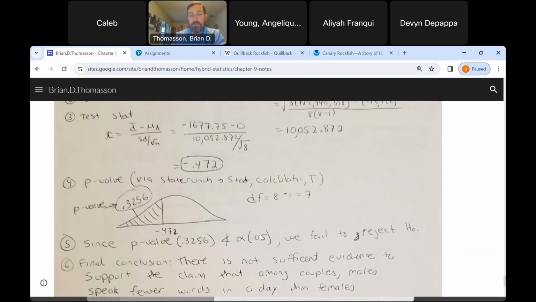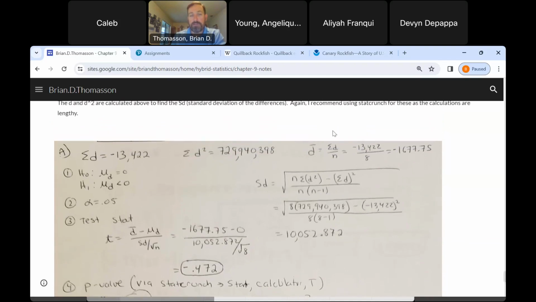All right, and then they want us to build a confidence interval. Now, in this case, we failed to reject H0. So we still assume that one of the options is the difference between the number of words spoken is 0, meaning that 0 should be in our confidence interval. Right? Now, here we have an alpha of 0.05 and a one-tailed test.